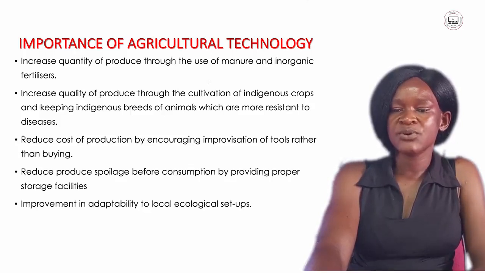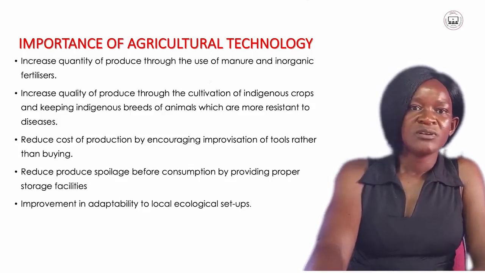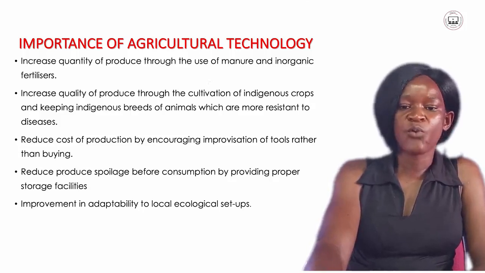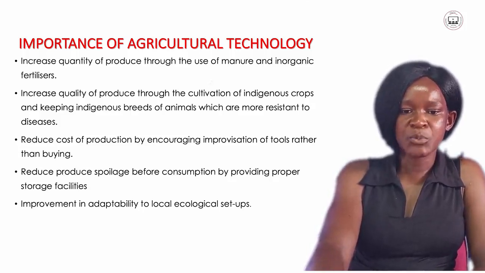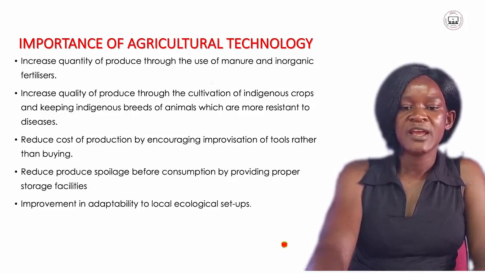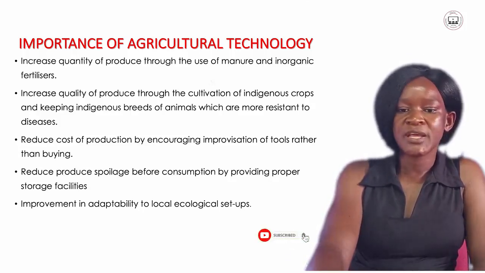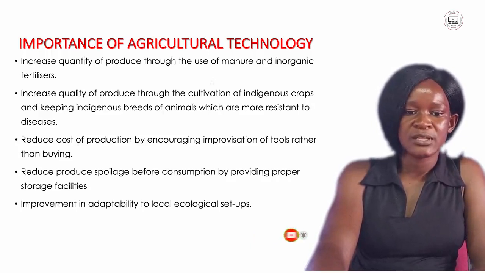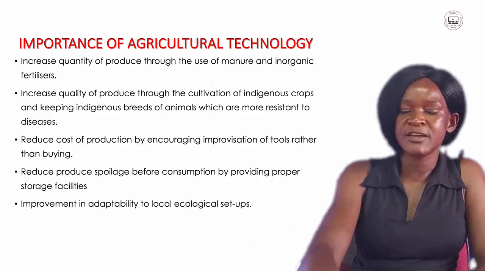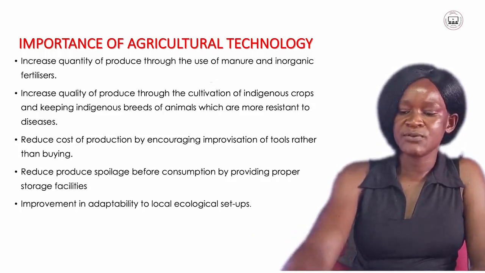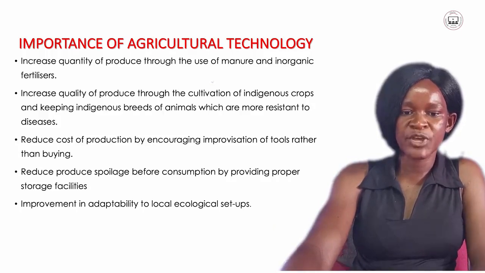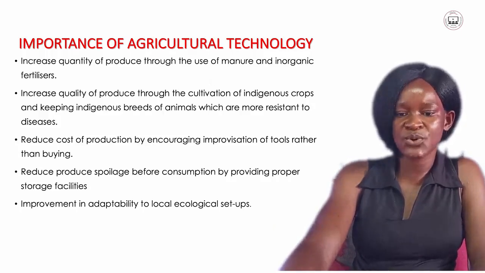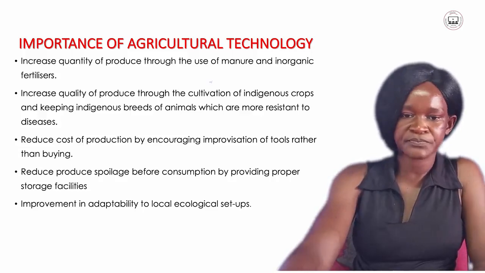There is also breeding of animals so that they can adapt to any local ecological condition. So it is another importance of agricultural technology: improvement in adaptability to the local ecological setup.